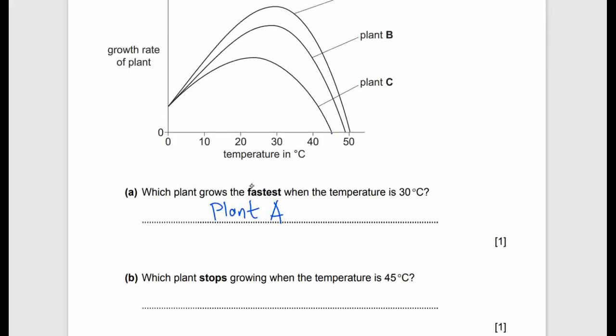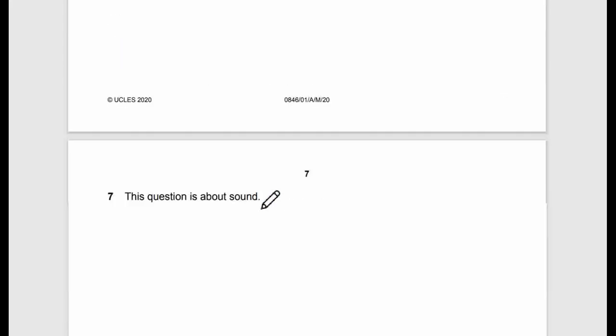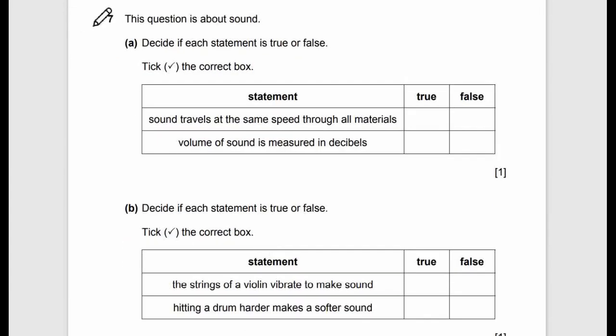I see 45 is here. Stop growing means 0. It will be plant C here. And then let's see the next. It's done. Now I see number 7.